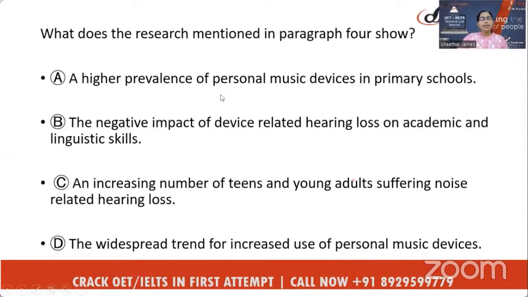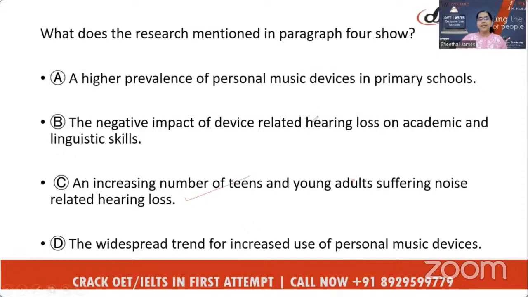So here, options A and D are related to personal music devices, and B and C are about hearing loss, but B is more specific, about academic and linguistic skills, and C mentions the increasing number of teens and young adults suffering noise-related hearing loss, and this is the correct answer.